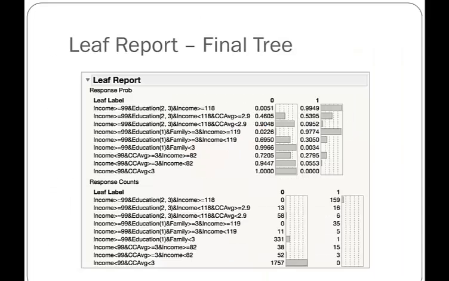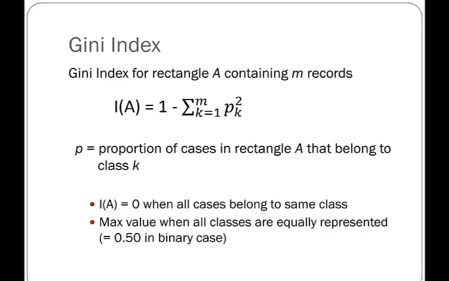So how do we measure impurity? Purity is a very important idea, and it basically just says how much of the terminal nodes are the same, or rather what proportion of the cases in a terminal node belong to a particular class.